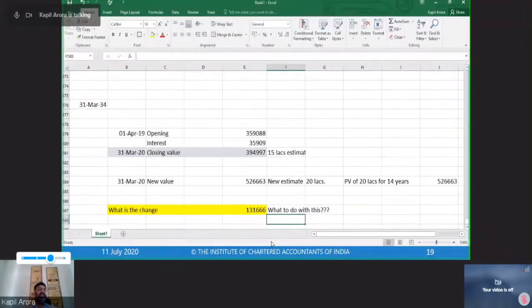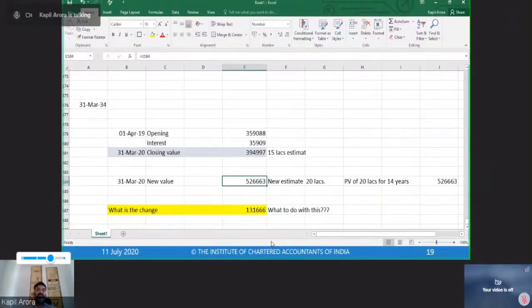What I did when I had taken the present value earlier, I added that present value in the value of asset. So this change which we have got here, 1,31,666, which is the present value of 20 lakhs for 14 years, I got 5,26,000 minus whatever is the closing value we have.